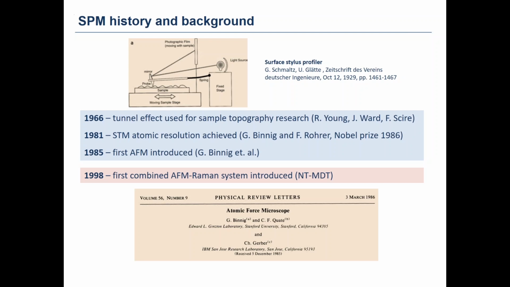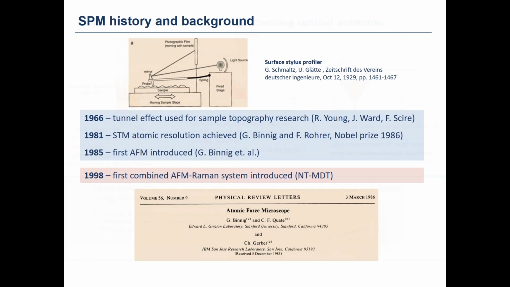And in the invention of the technique, a lot of methods and technologies were developed, not just to measure the sample, but also to measure its electrical properties, also its magnetic properties, and the nanomechanical properties of the samples. And then actually in 1988, we were the first commercial company who introduced an AFM and AFM Raman system.